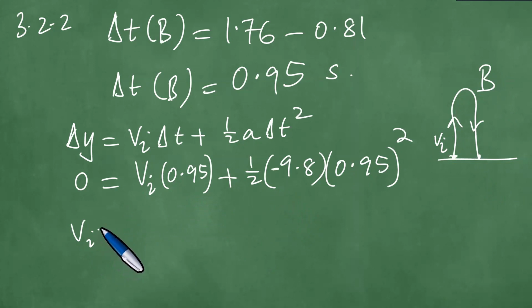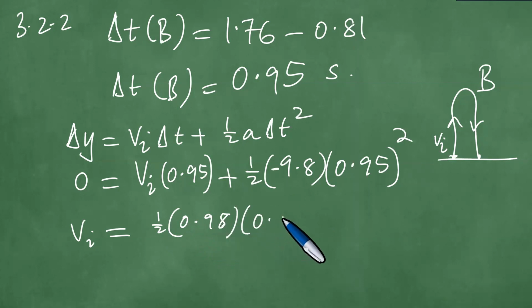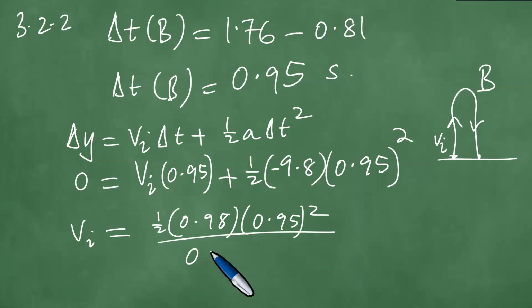At this point, you can move these things to the other side and divide by these. Because this one is already negative, you can look at this as 1/2 times 9.8 times 0.95 squared, divided by 0.95.